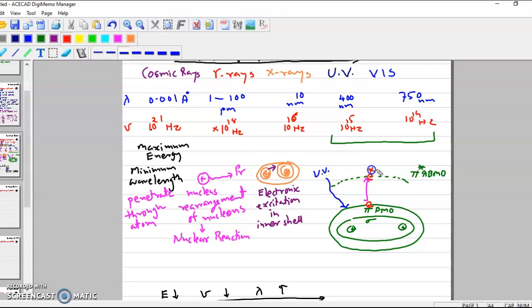This is the excited electron. So this is called a pi to pi star transition.